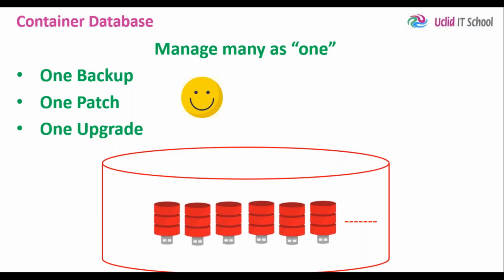Of course, you have to plan the upgrade because you have many databases. So all the databases should go for the upgrade at the same time. So you have to see which databases, which applications can fit such requirements. So your planning should be proper, because in real time, every application owner may not accept the database upgrade with other databases, right?